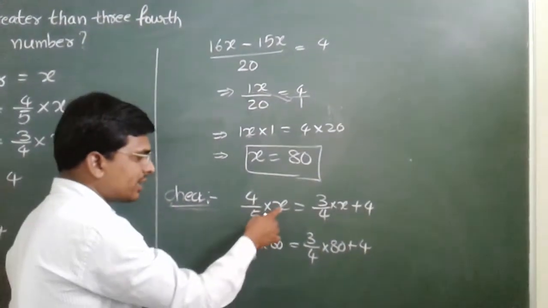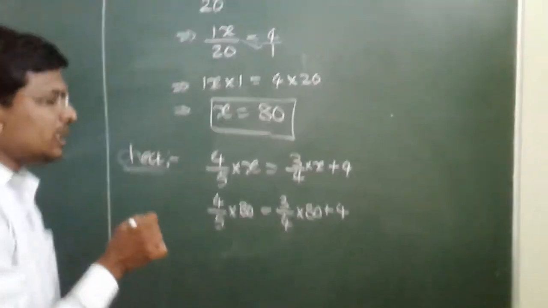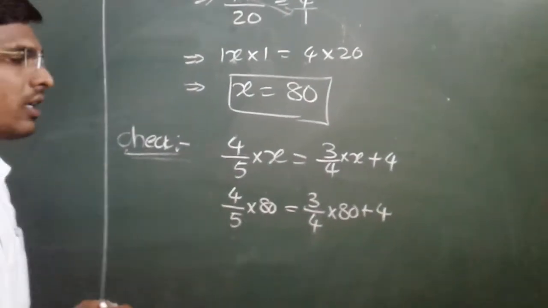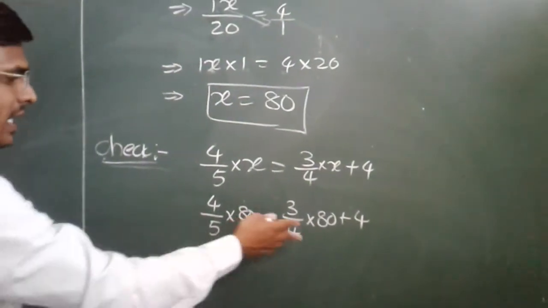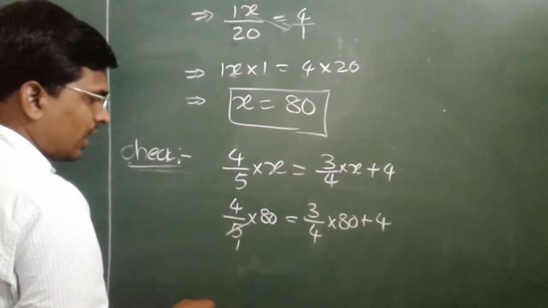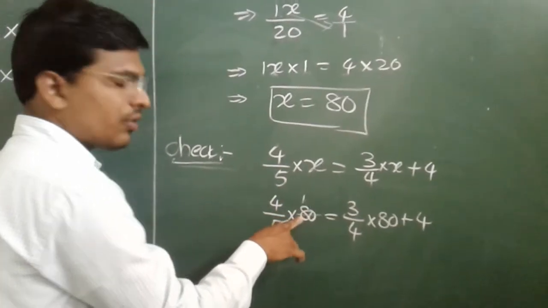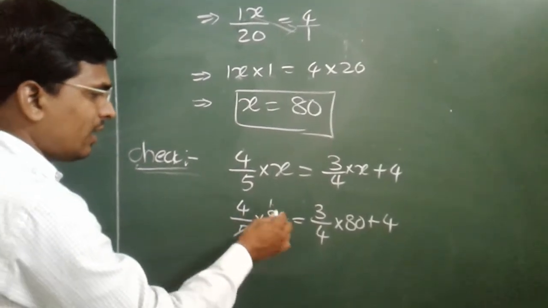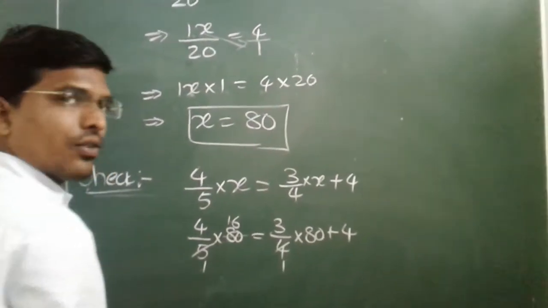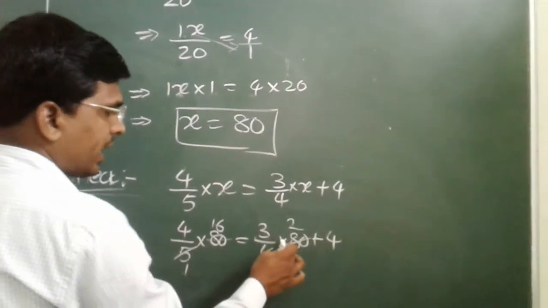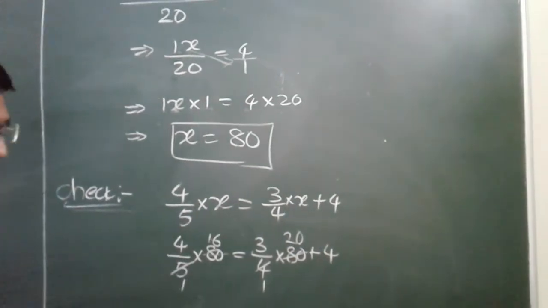In place of x we are writing the value 80; this process is known as substitution. Now simplify: 5 ones are 5, 5 sixteens are 80, so 4 into 16; and 4 ones are 4, 4 twenties are 80, so 3 into 20.